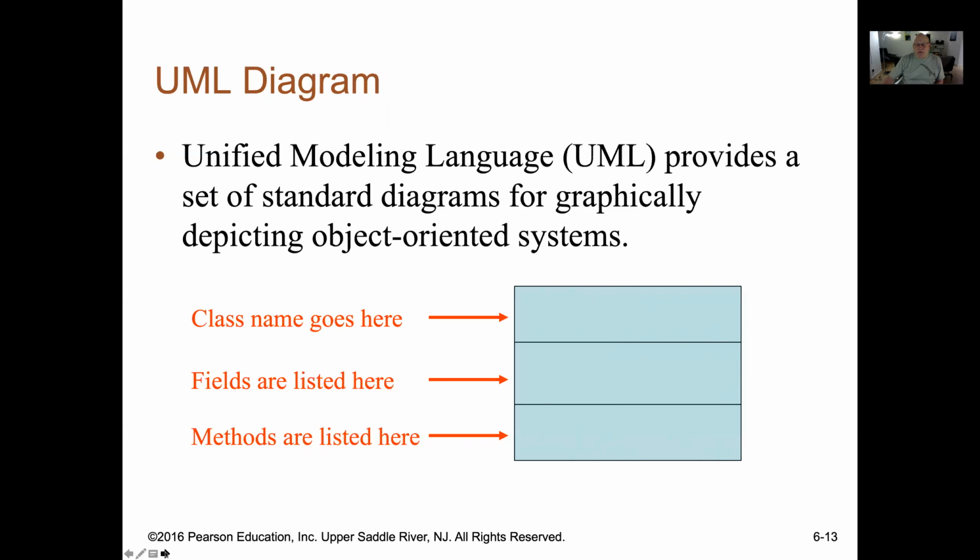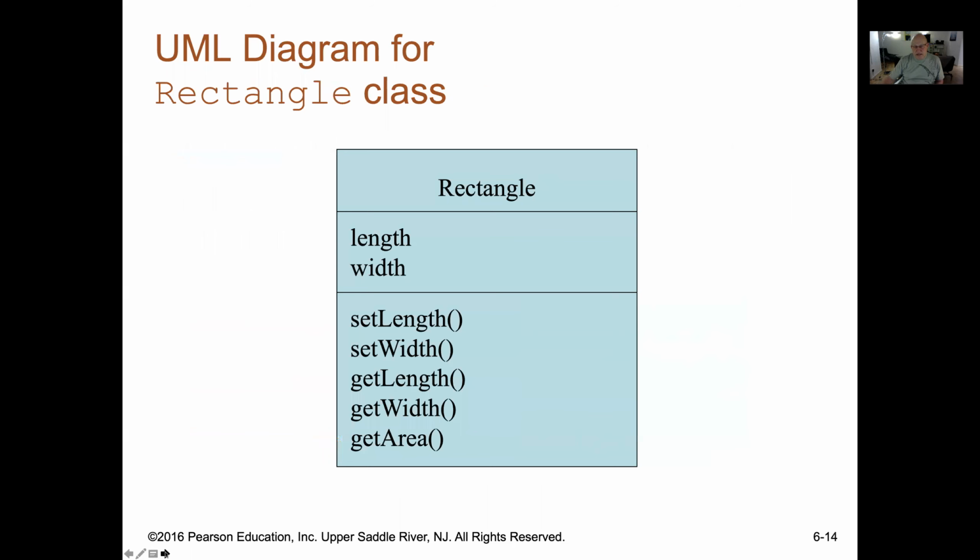Unified Modeling Language provides a set of standard diagrams for graphically depicting object-oriented systems. The class name goes here. The fields are listed there, and you see where the methods are listed. Here's a good example: the Rectangle, the length and the width. You set the length, you set the width, get length, get width, get the area.